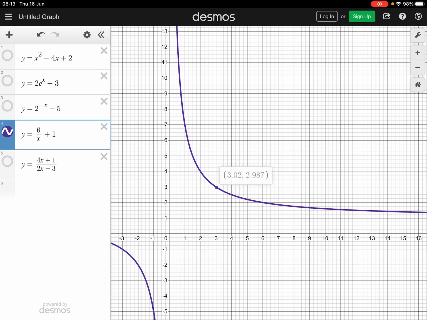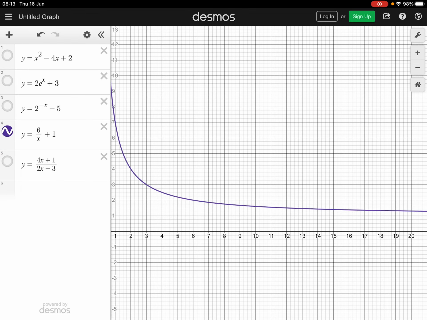So when x is equal to 3, y is equal to 3. Again, you could find that out by just doing 6 divided by 3 plus 1. So that's the biggest that it can be, 3, because when I make x bigger than 3, we can see the numbers get smaller and smaller. It looks like it's tending towards 1 here.